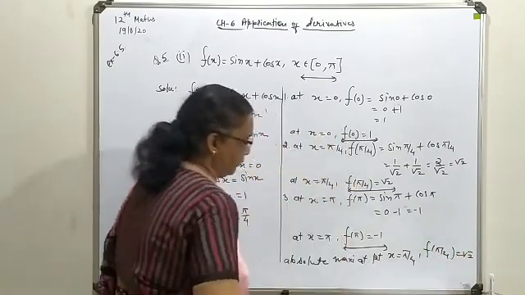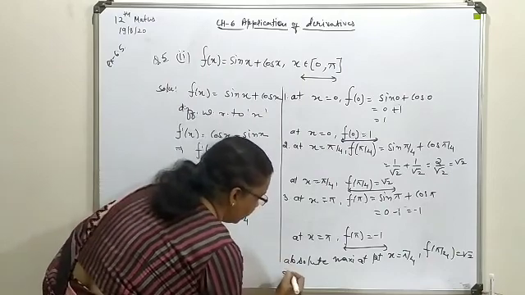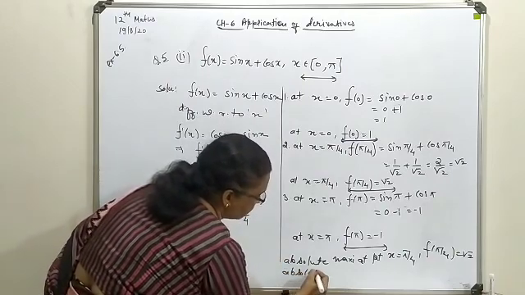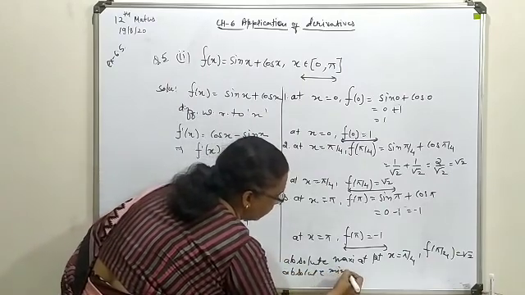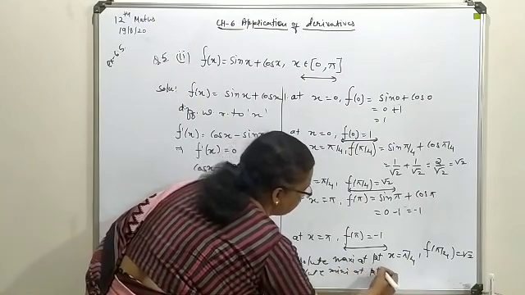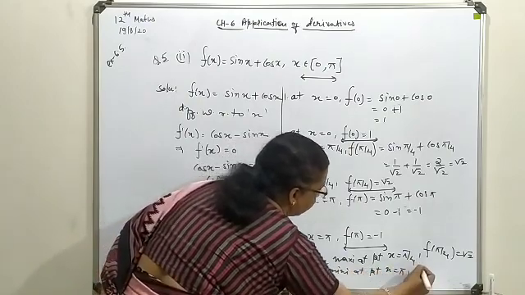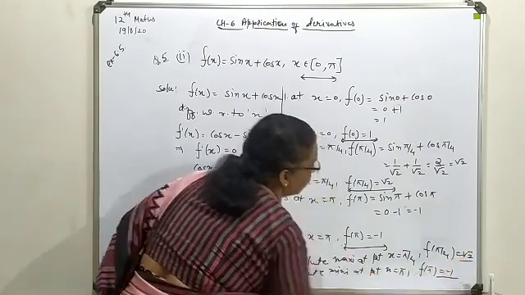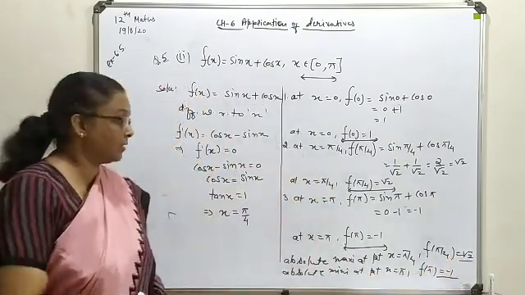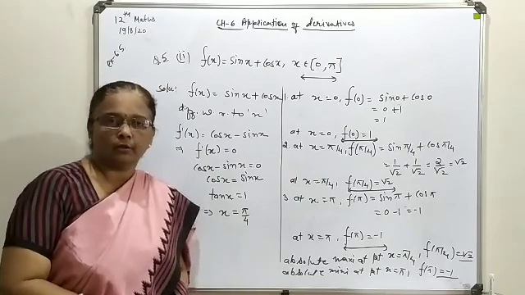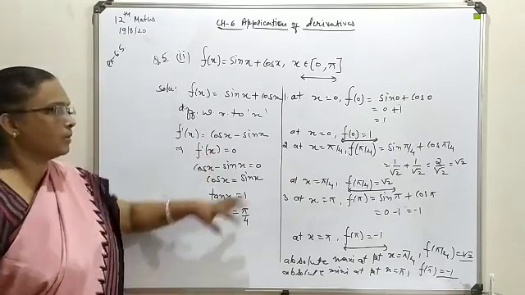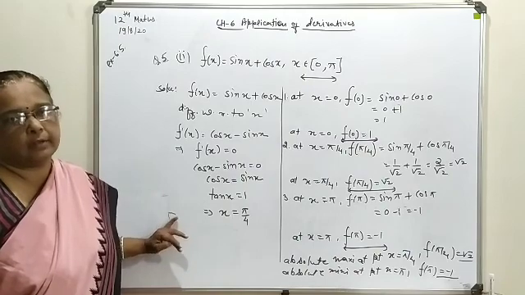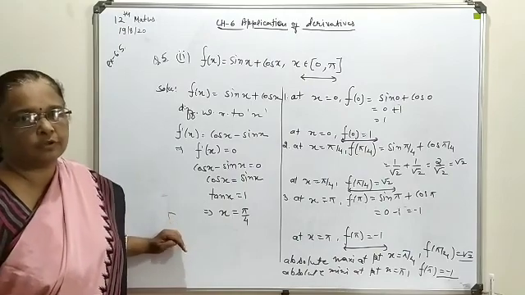This is the absolute maxima, and absolute minima at point x equal to pi, f(pi) is minus 1. So these are the absolute maxima and minima solutions you have. This is the process you have to follow to find absolute maxima and absolute minima.